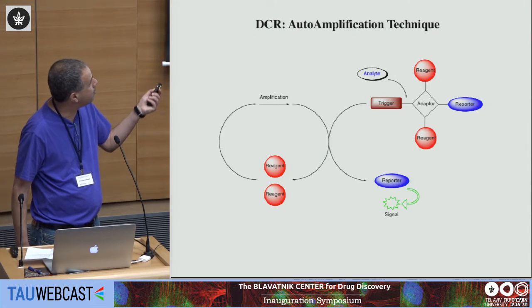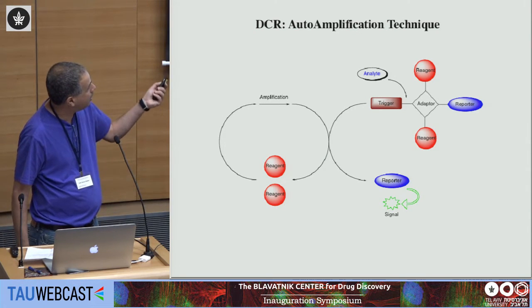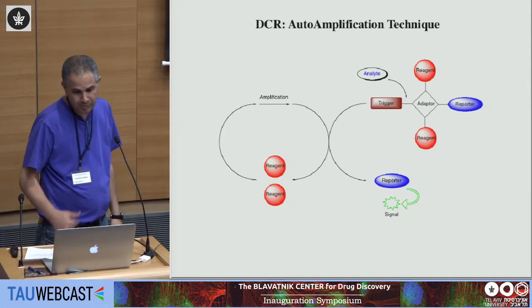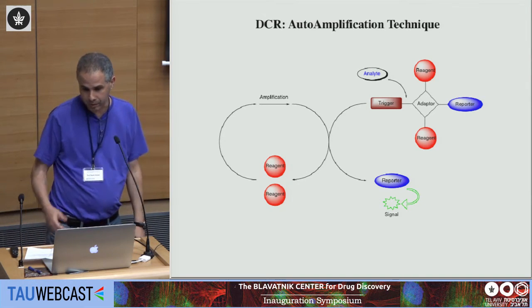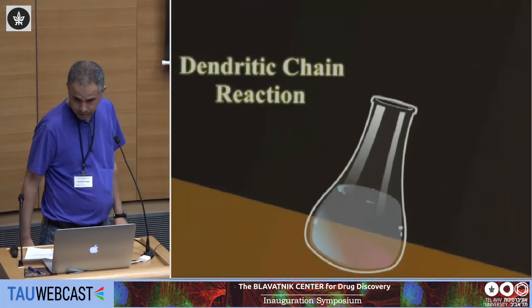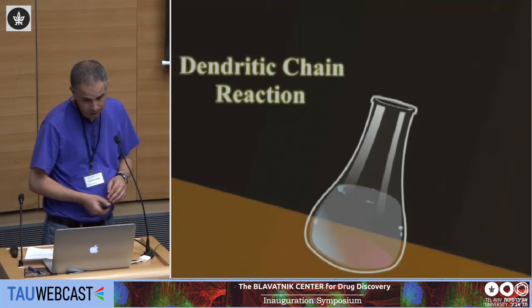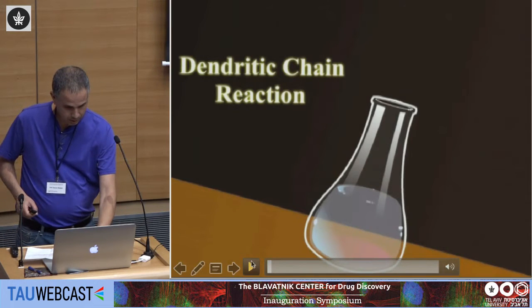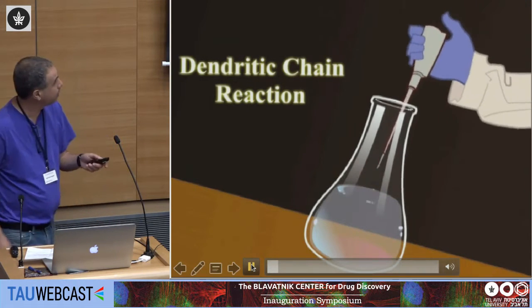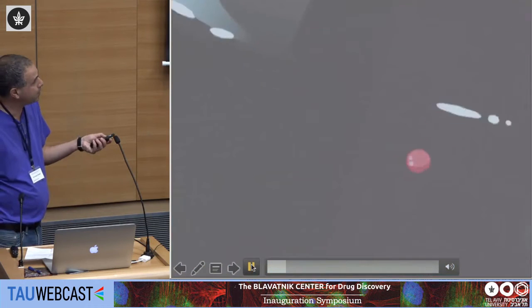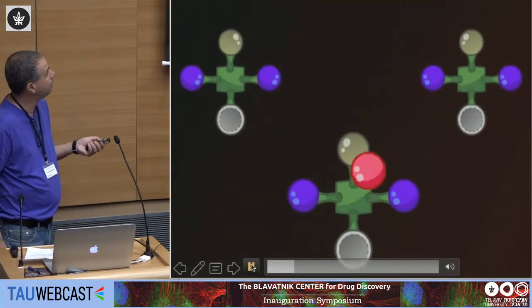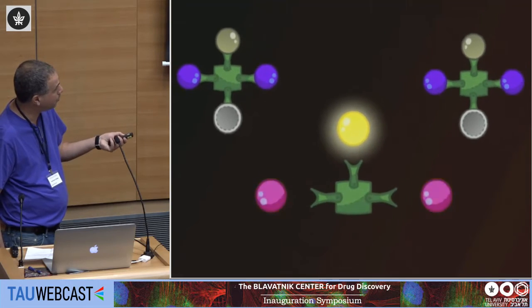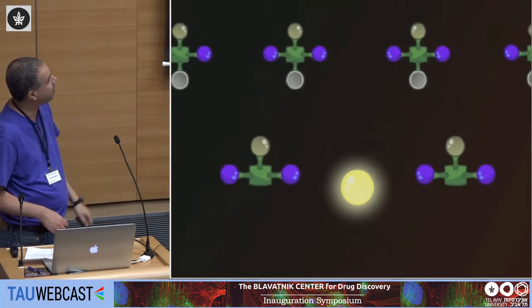And here, this is the amplification cycle that overall releases all reporter molecules in an exponential manner. And again, we have a short animation movie that demonstrates this concept. The idea is that you put your analyte of interest into the solution, it reacts with the probe, and releases the signaling moiety and 2 other reagents that activate 2 dendrons.